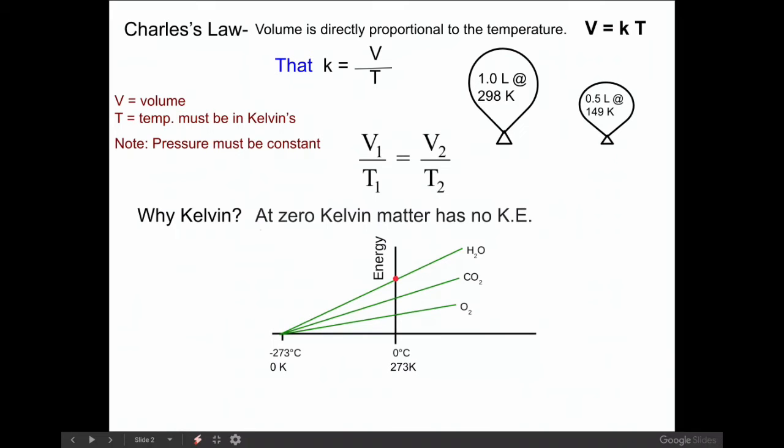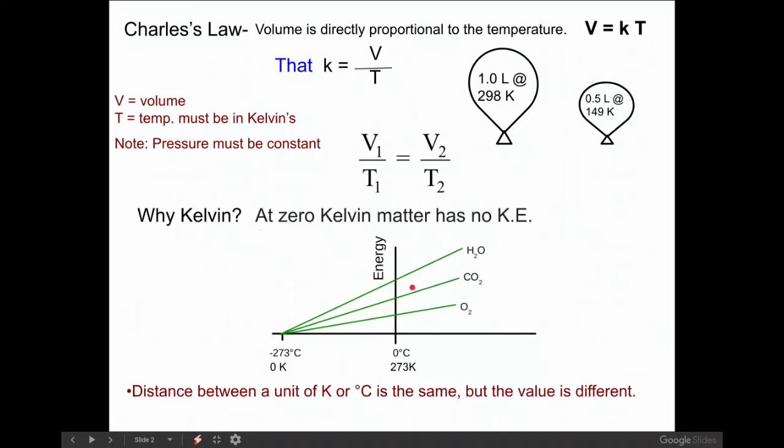Notice that the numerical value is different, but the change from 0 degrees Celsius to negative 273, take the absolute value, is 273 units. From 0 Kelvin to 273 Kelvin, that's also 273 units. In other words, the change in temperature, delta T, in Celsius is equal to the delta T in Kelvin.